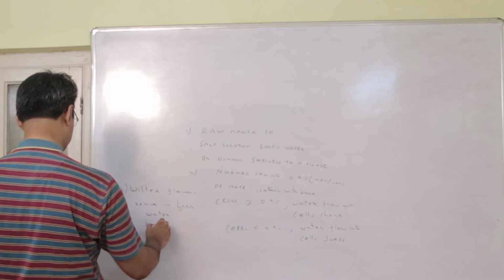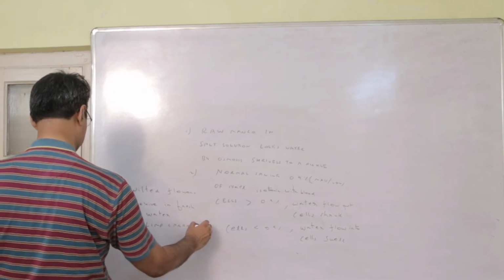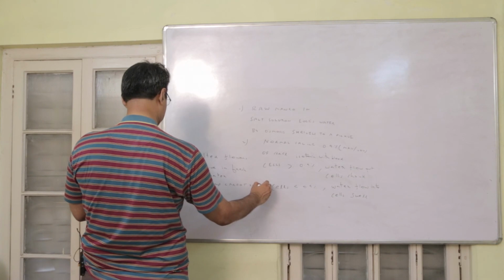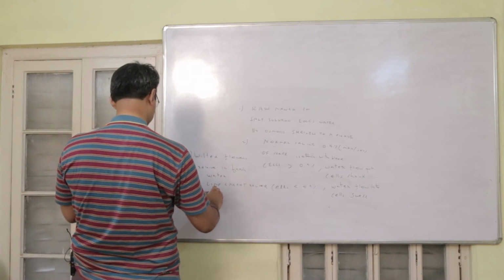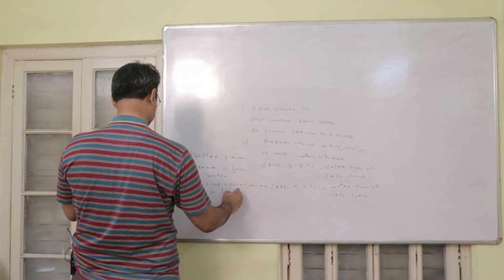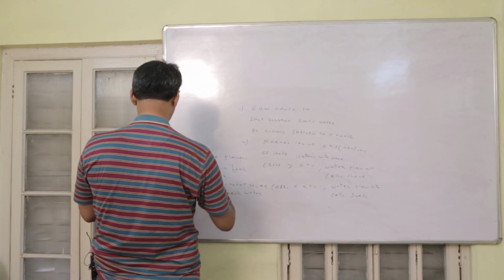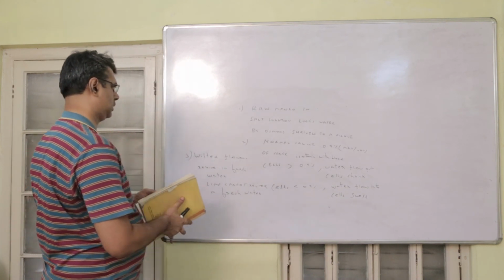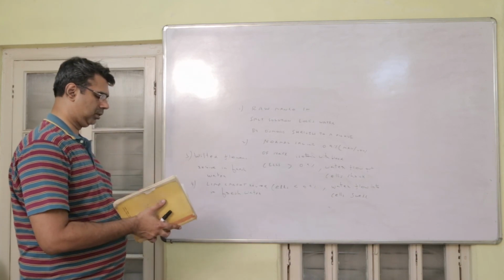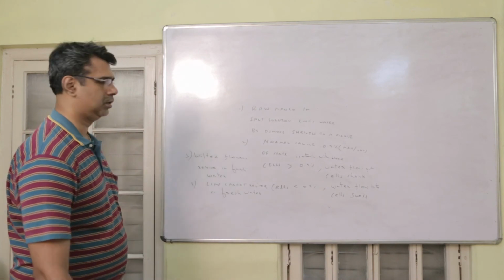A limp carrot is revived in fresh water. So these are the various examples of osmosis. That brings us to an end of this particular session of the chapter Solutions.